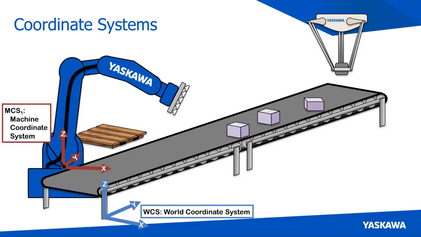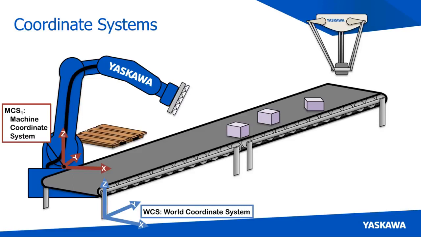Each of the mechanisms will then have their own coordinate system, and we call this the MCS, or machine coordinate system. Now, the world coordinate system we don't program in too much, but the MCS, the machine coordinate system, is one of the main ways that we program moves. In fact, the MCS is the base of the group.